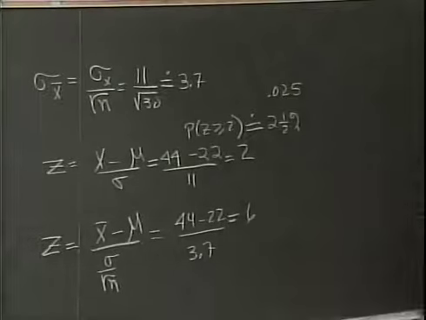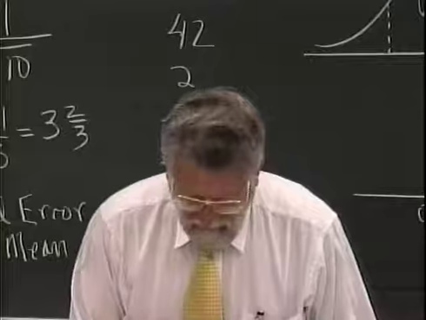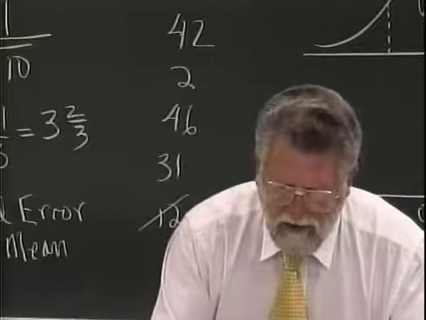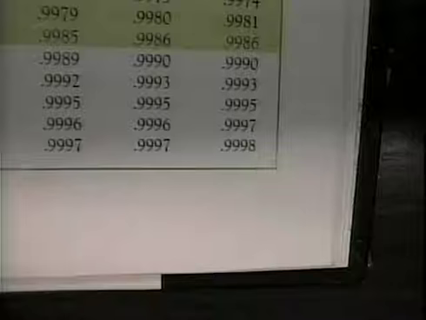Okay, I'm going back to the center. We're getting looks of confusion on many faces, so let me go back to the table and try to reference what I'm talking about. 685, and I ask you to go at the very bottom of the page, bottom right corner, you find a 0.9998. That's at 3.49 for z, correct?